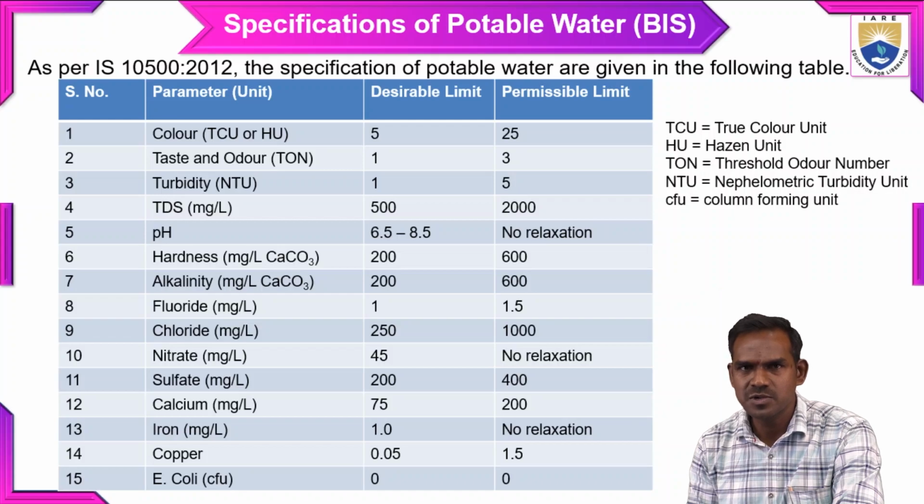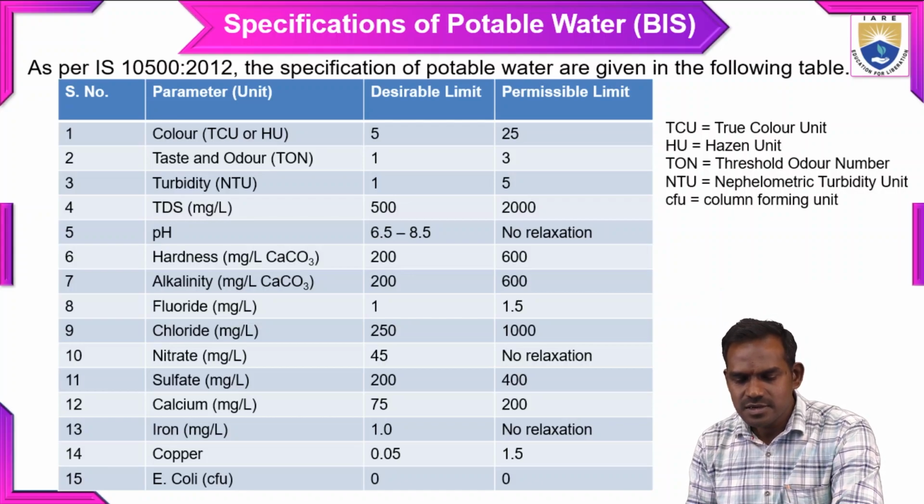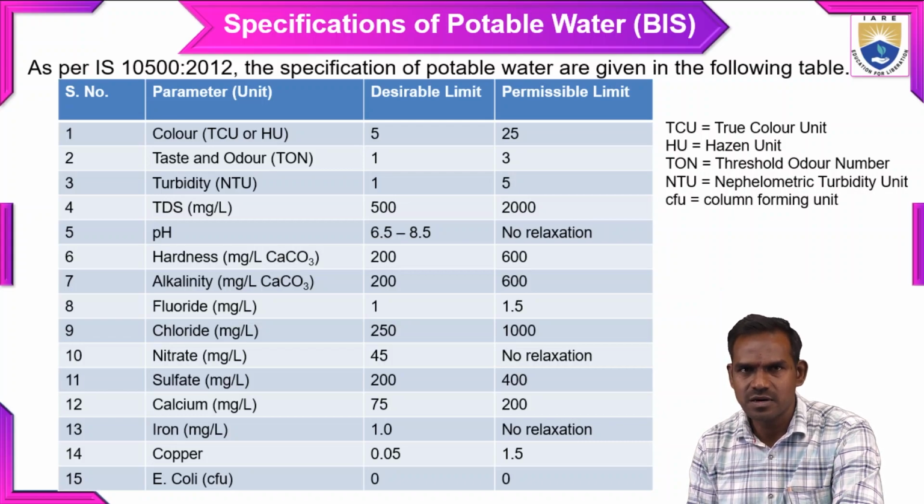Specifications of potable water according to Bureau of Indian Standards, BIS. The common parameters to specify the water are color, taste and odor. And firstly, these specifications are given by Indian Standards and the code is 10500/2012.